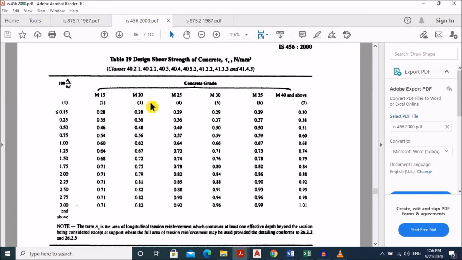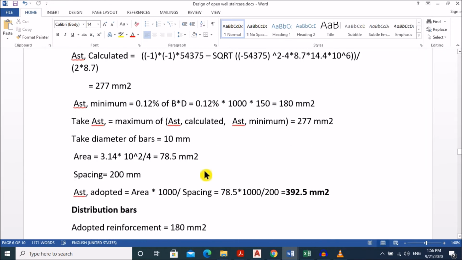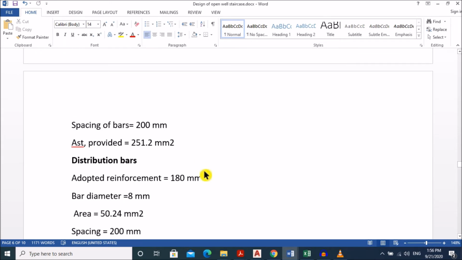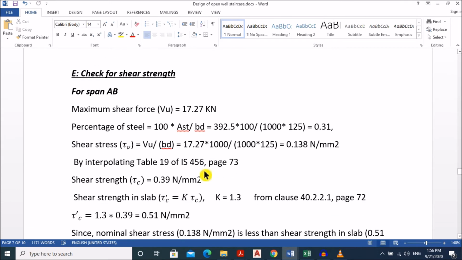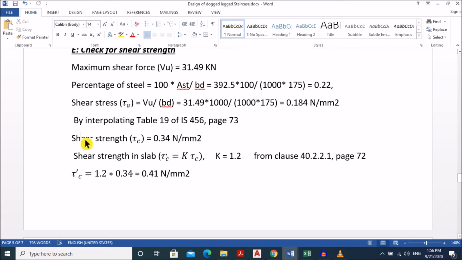This is IS table 19, where 100 Ast by bd, for our case, is 0.222, right? And then we have to calculate the shear stress tau c from the code.